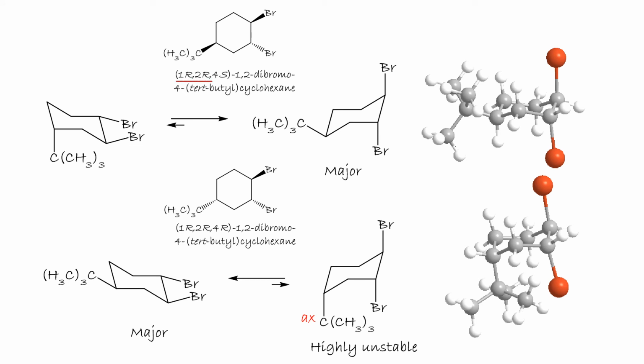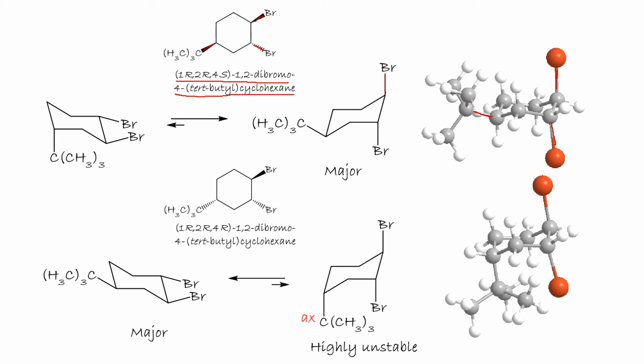Compound 1R,2R,4S-1,2-dibromo-4-tertiary butyl cyclohexane, where the Br here is up and Br here is down, and the tertiary butyl is up. Drawing 3D, Br is up, Br is down, and the tertiary butyl is up.